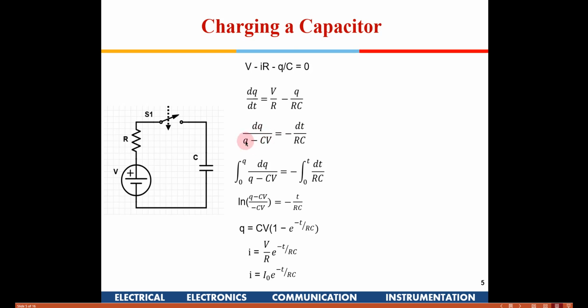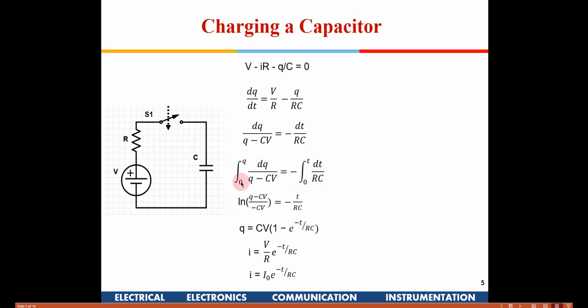Now this is just algebraic manipulation, and then we integrate it from 0 to Q, because we want to find out at any given instant what the charge will be. So we integrate 0 to Q here, and 0 to t here, both sides, and once we integrate, we get a log value.